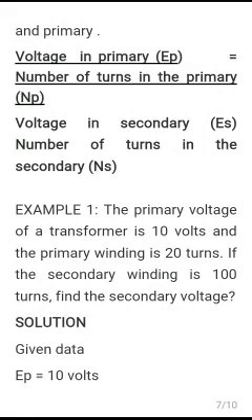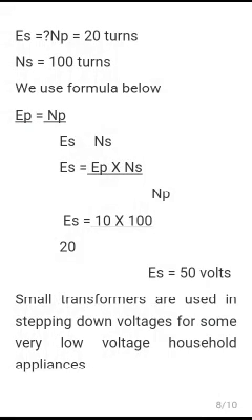From there, you can state all the data that appear in the question, and from there you can state the formula as EP over ES equals NP over NS.